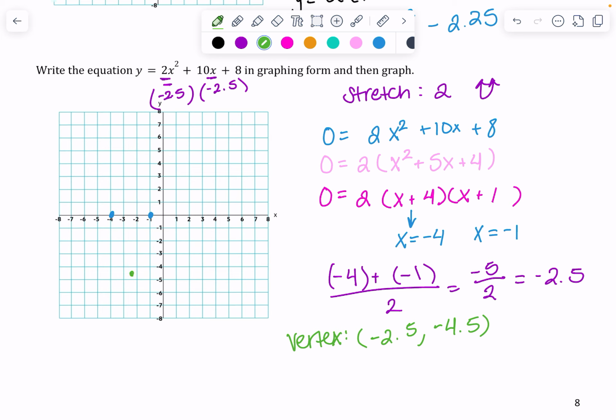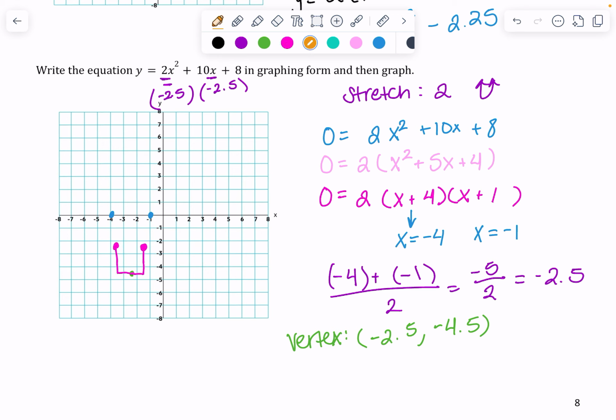Okay. If we wanted to get some more accurate points, we could, right? If we go out 1, so a total of 1 unit away, we know we normally go up 1. But in this case, with our stretch of 2, that's causing us to go up 2. So I know another point on my graph is approximately right here. When I go out 1 in this direction, I know I need to go up 2.